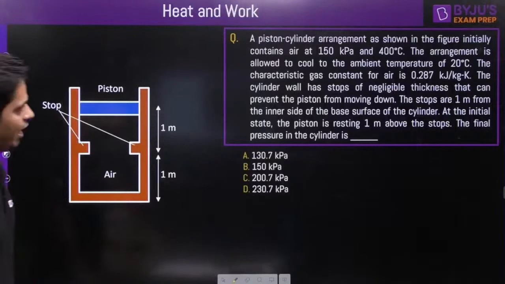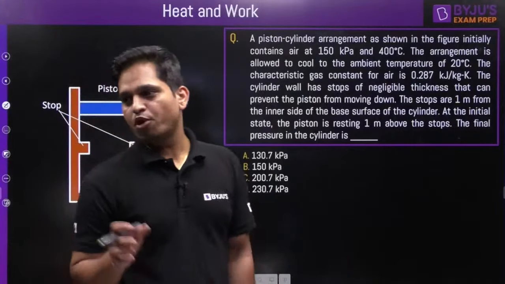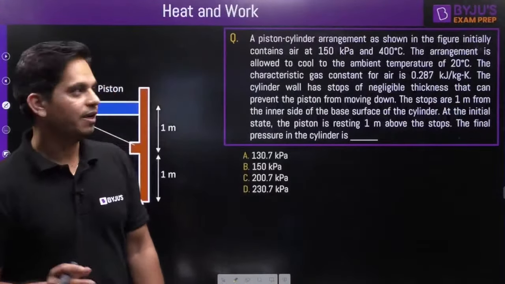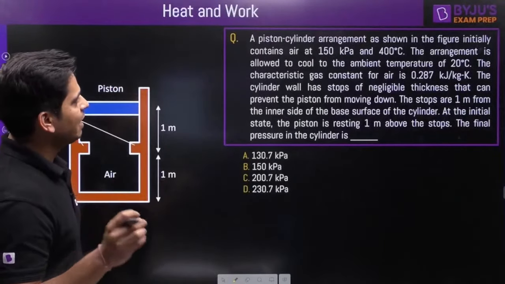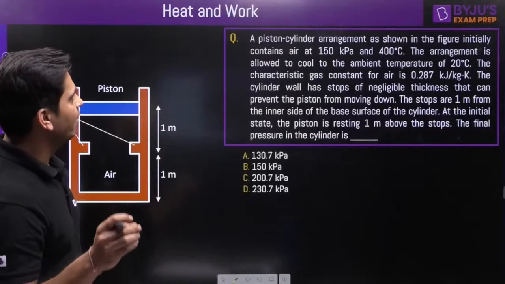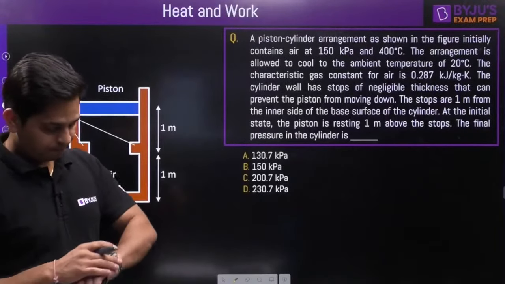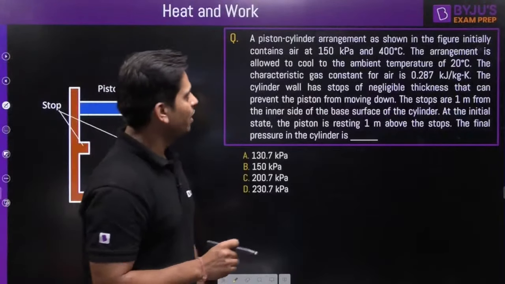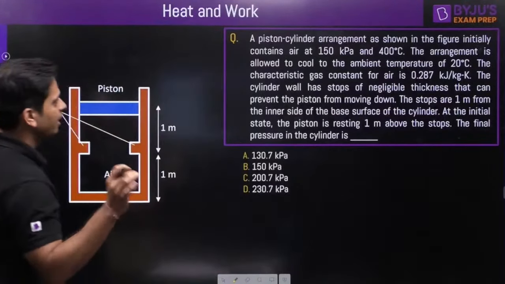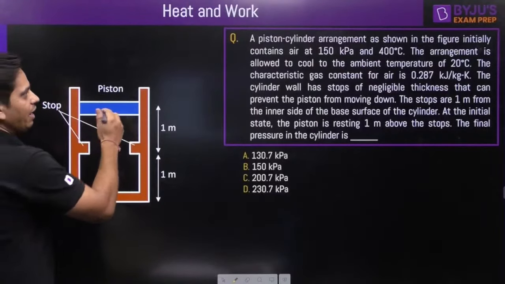Now, very quickly we will move on to this question because I have a very important question that we need to solve. A piston cylinder assembly arrangement as shown in the figure initially contains air.